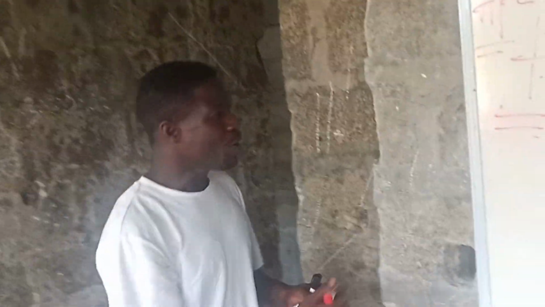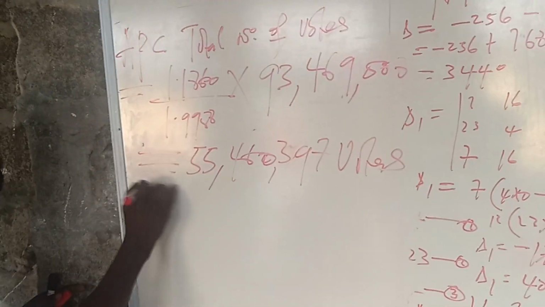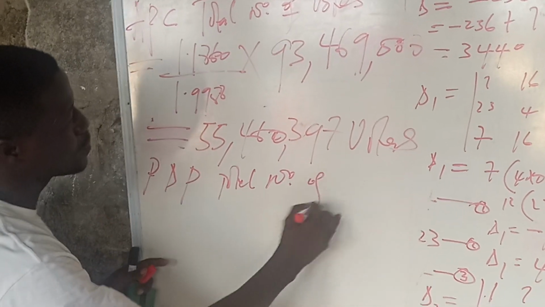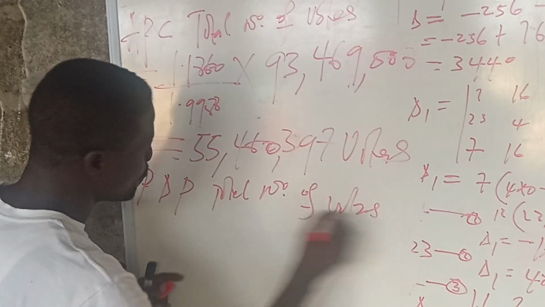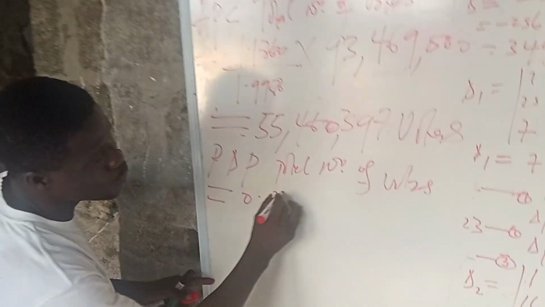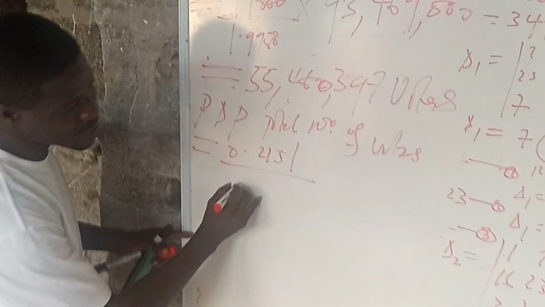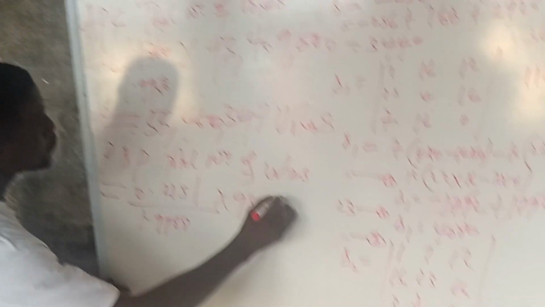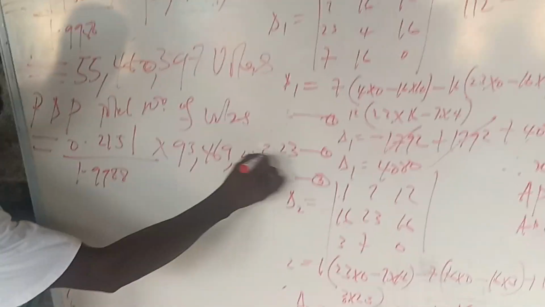What about the total number of people that will vote for PDP? It is 0.2151 over the total 1.9988 times 93,469,008.